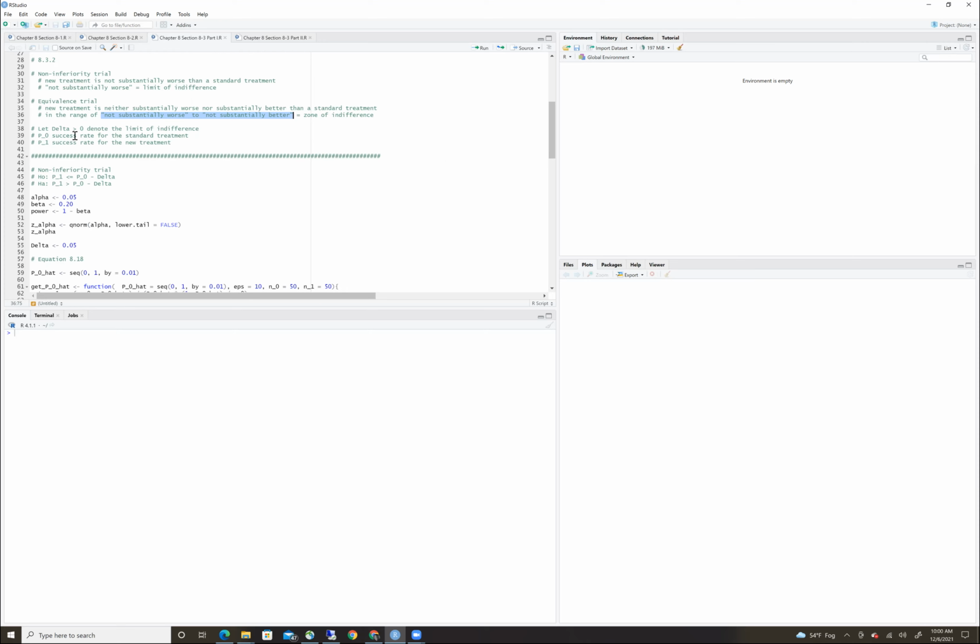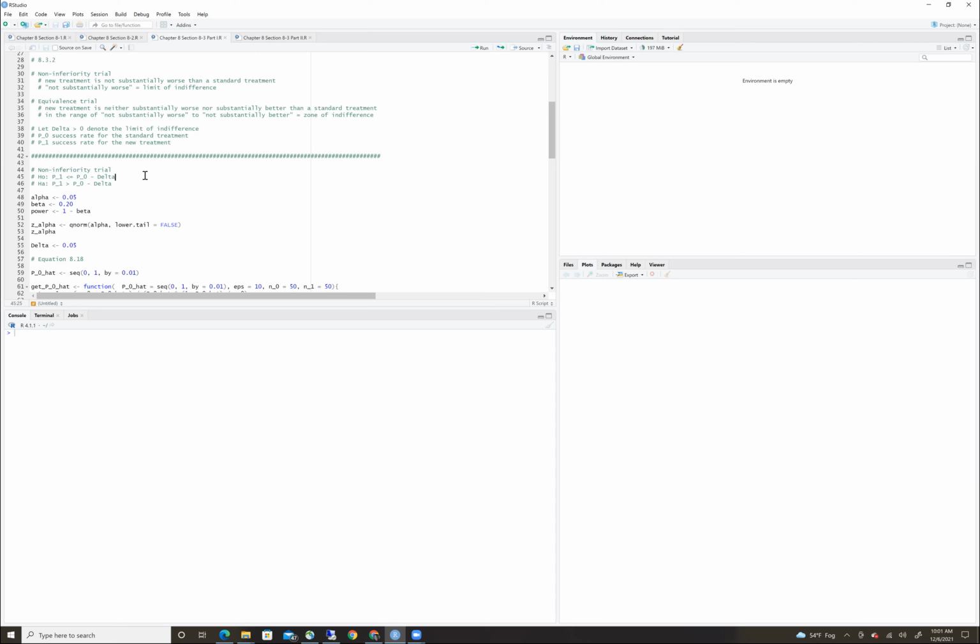Okay, so we're going to set our delta, something greater than 0, to be the limit of indifference, right? So that is as far down as you'll go where you're saying that the treatment's not substantially worse than the standard. All right, p0 is the success rate for the standard treatment, and p1 is the success rate for the new treatment. Okay, so first we're going to consider the hypothesis that goes along with the non-inferiority trial.